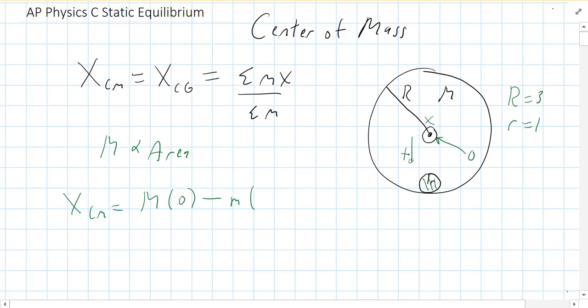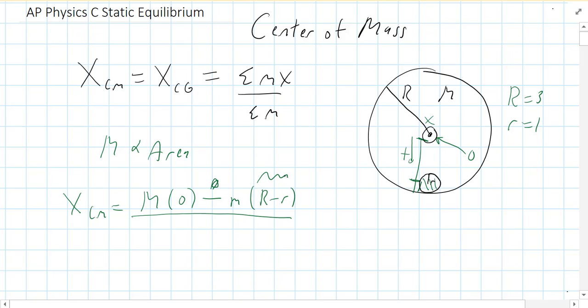So by the way, when we get our center of mass, it'll be a negative number. So its center is, well, this is big R, and then this is little r. So this distance here would be big R minus little r, okay? All over, now again, I went with down positive there. If you go with up positive, this would be a positive, this would be a negative, but you would make this whole thing negative too.